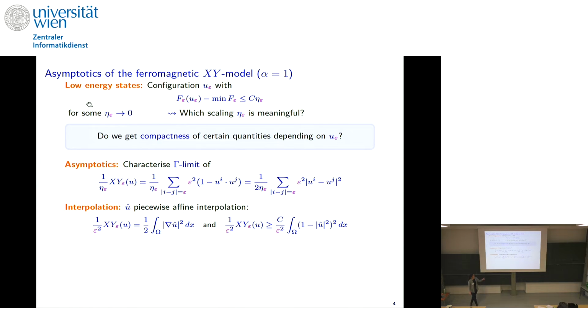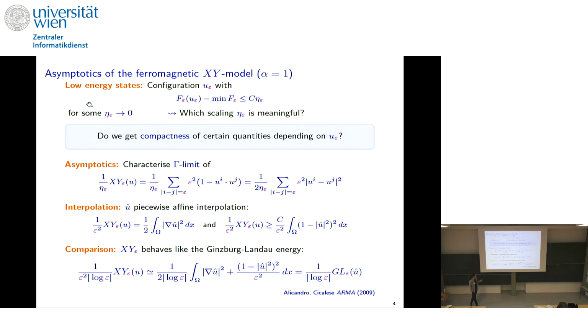Now these two terms typically pop up in another kind of energy, the Ginzburg-Landau energy, which is a typical model for vortices. I will be more specific on why we choose this rescaling, but forget about the rescaling at the moment.